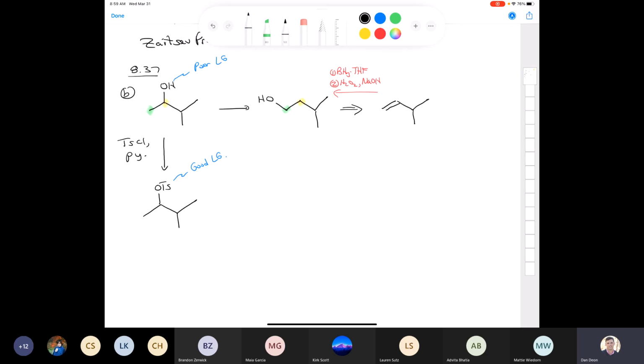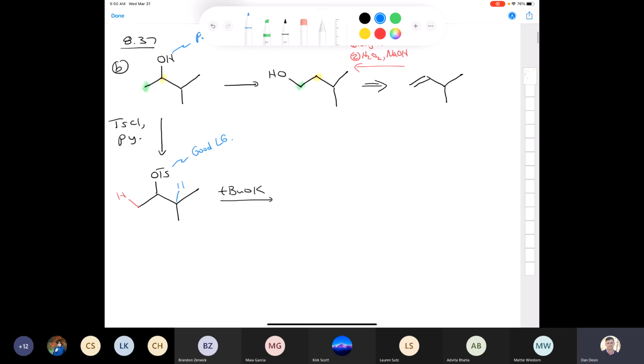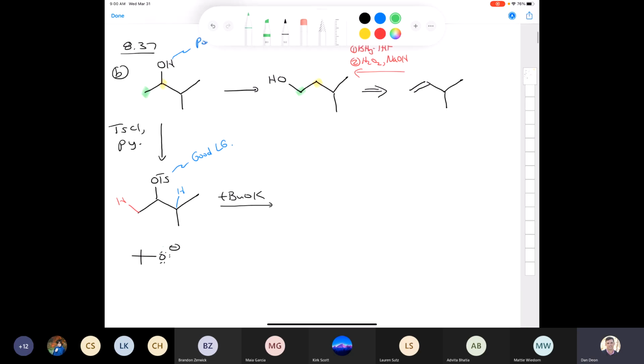And if we take that compound with that good leaving group and treat it with a hindered bulky base like potassium t-butoxide, it's going to remove one of these non-hindered protons as opposed to one of these more hindered protons. If we draw the mechanism out just for fun, this is the t-butoxide, and it's going to pluck this proton in an E2 mechanism to give us this terminal alkene.